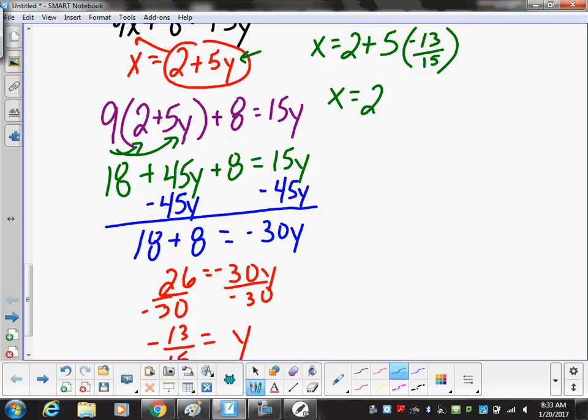Yeah, I will do this without it. Just 2 plus... sorry, that should be a minus. Well, 2 plus a negative 13 over 3. 5 times a negative 13/15 is a negative 13 over 3.